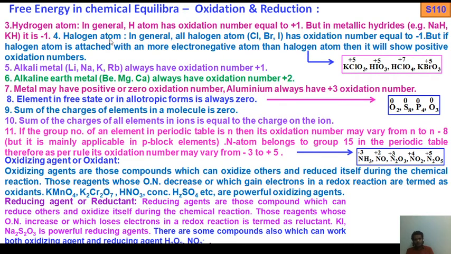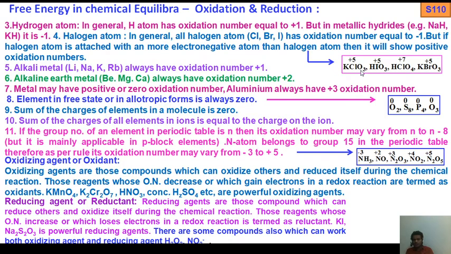In case of halogen atoms, in general all halogens, chlorine, bromine, iodine, have oxidation number equal to -1. But if the halogen atom is attached with a more electronegative atom, then it will show a positive oxidation number.